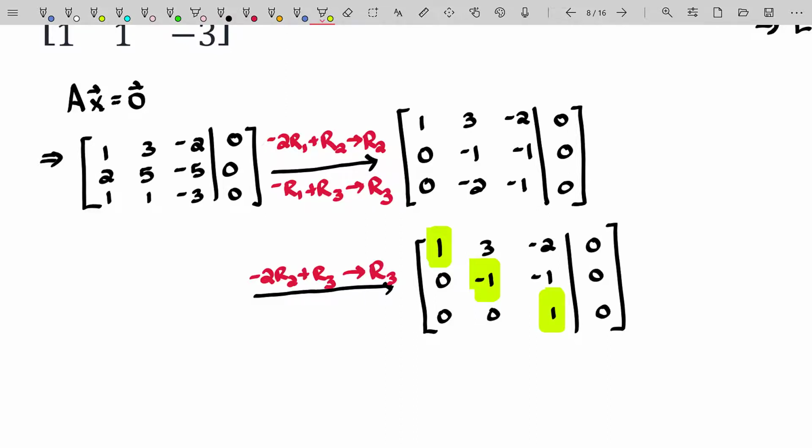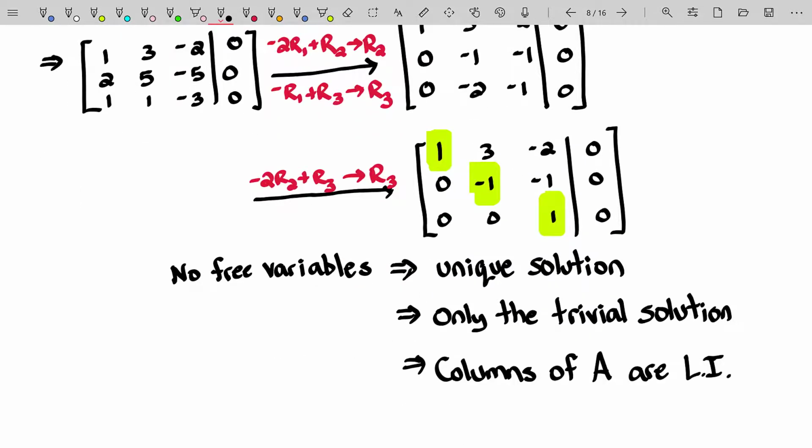And remember, AX equals 0 is always consistent. So if there are no free variables, that means the solution is going to be unique. And if the solution's unique, meaning there's only one solution, it must be the trivial solution, because again, homogeneous equations always have the trivial solution.